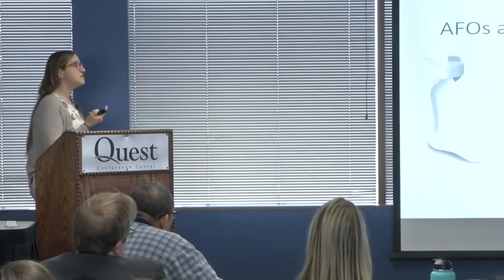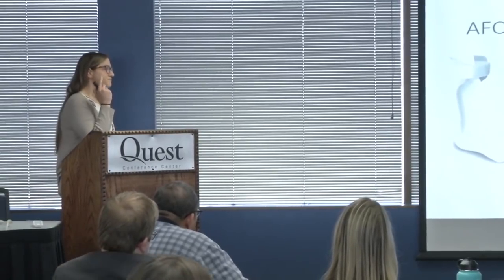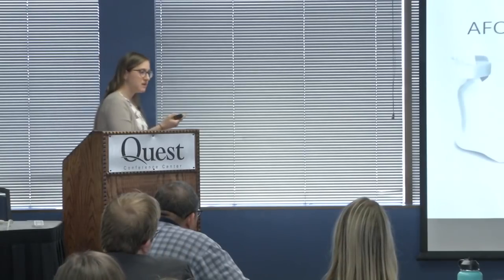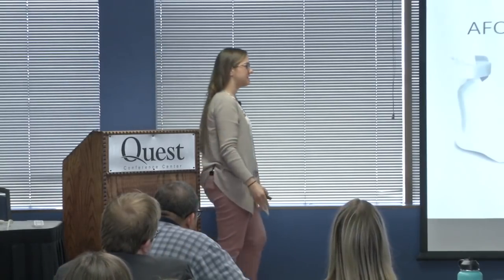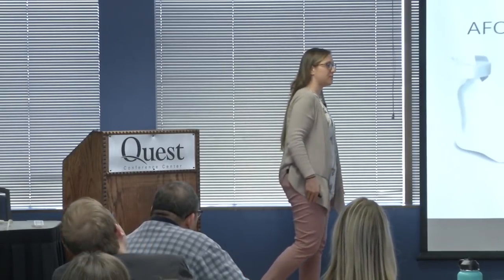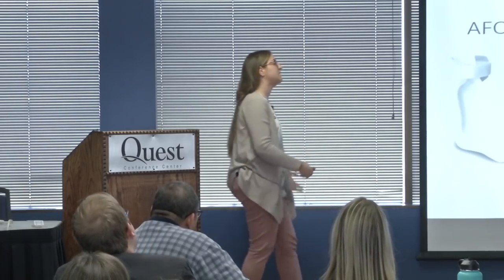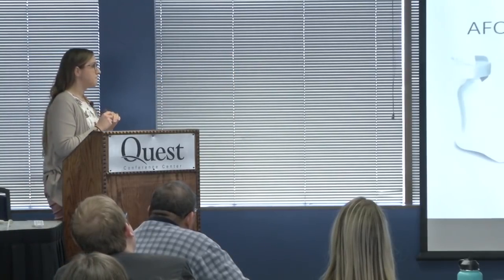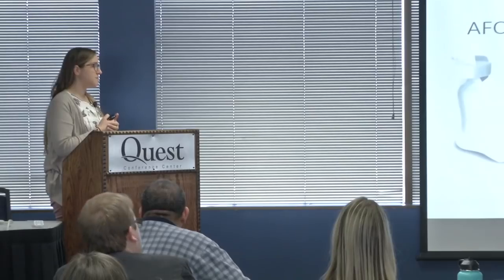But the one I use most frequently is just the posterior upright, because most of our clients have weakness in swing phase. So you get a little bit of energy return from the carbon to assist with the little knee flexion in swing. It's a flexible forefoot, and it can be a really great option.